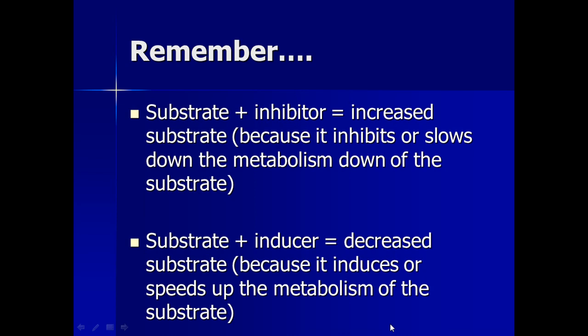A substrate plus inducer equals decreased substrate because it induces or speeds up the metabolism of the substrate. If you always remember these equations, this will help you have a good understanding of the process. Now, for there to be a problem, the substrate and the inhibitor must be metabolized by the same enzyme, such as 2D6.